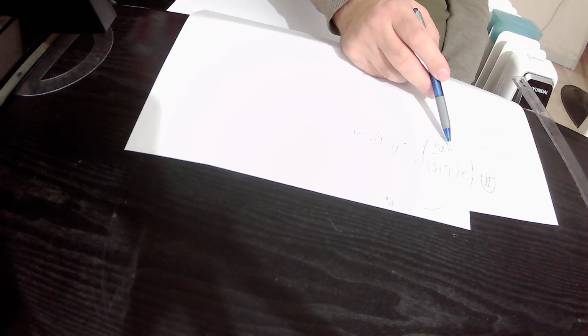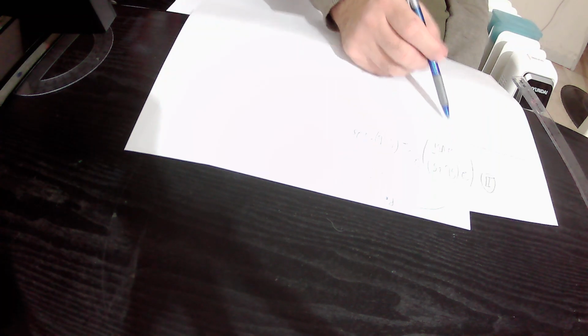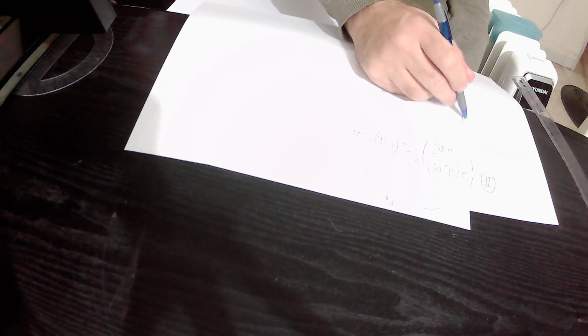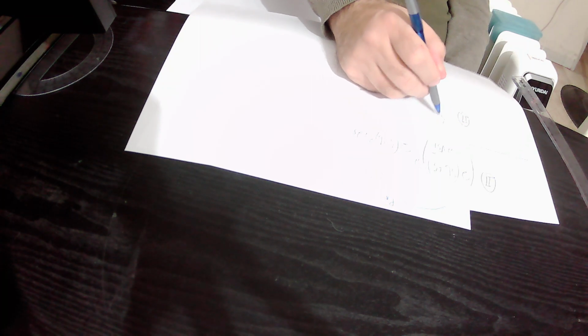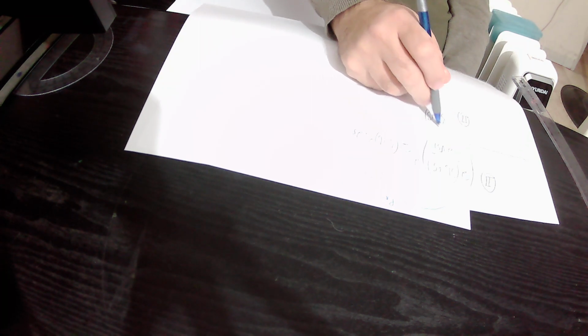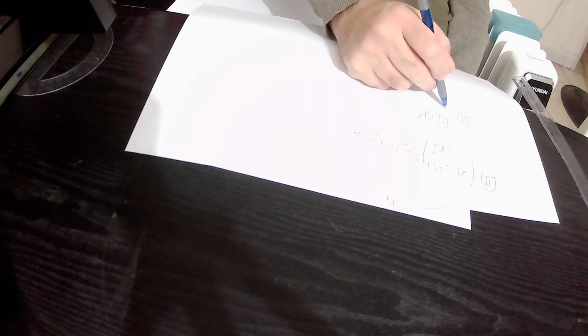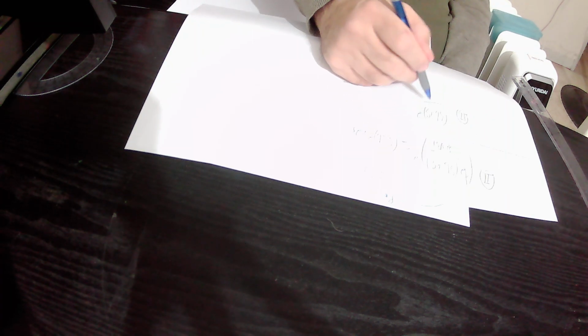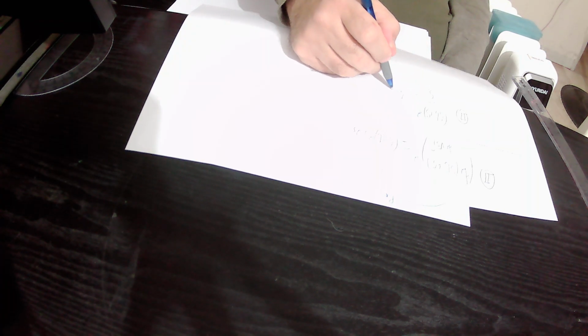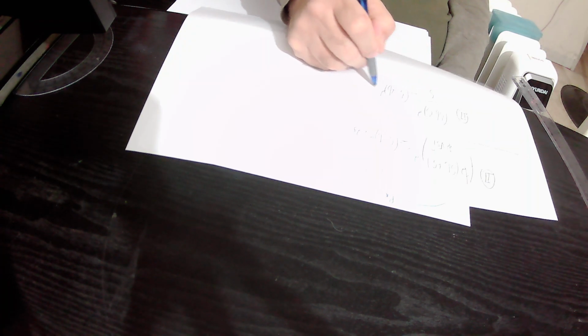Here we have 2 in the numerator and 2 in the denominator, so 2 will get cancelled. And we get that 5b plus 5 squared over square root of 5 squared, which is 5, equals 5 plus b squared plus 25.